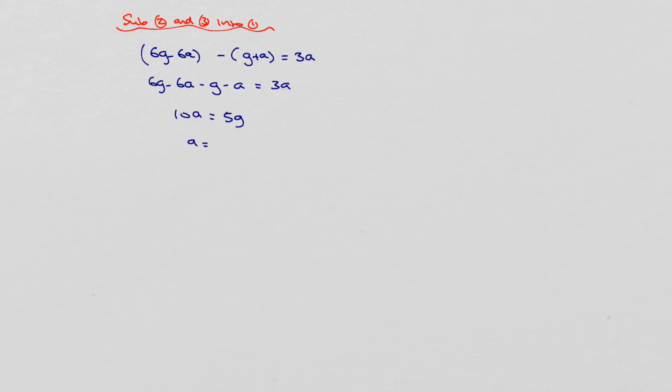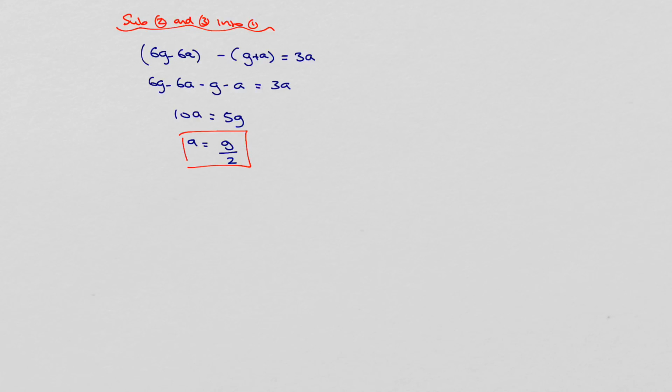So if I do that, I have S, which is 6G minus 6A, minus T, which is G plus A, and that's equal to 3A. So I have 6G minus 6A minus G minus A equals 3A. And if I bring all the A's to one side, I end up with 10A is equal to 5G, and therefore A is equal to 5G over 10, which is of course G over 2.